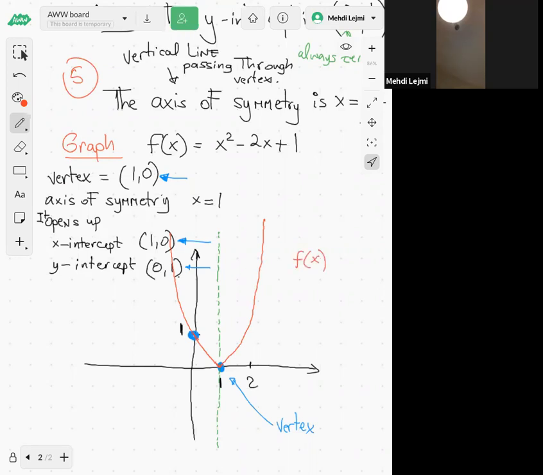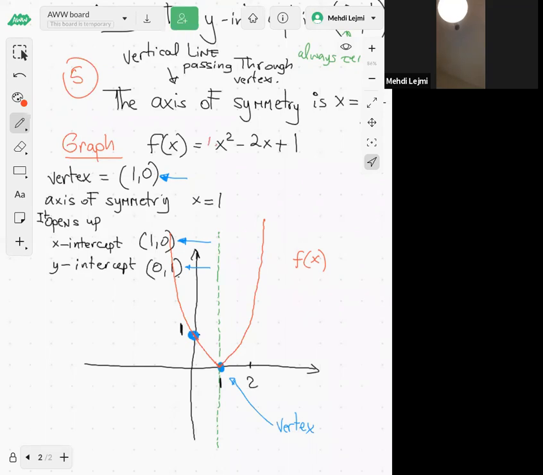So all you have to do, guys, is plot your vertex, plot your x-intercept or y-intercept or wherever, all right? And then you start from your vertex. Of course, you have to make sure whether your parabola opens up or down. In this case, it opens up because my a is positive.